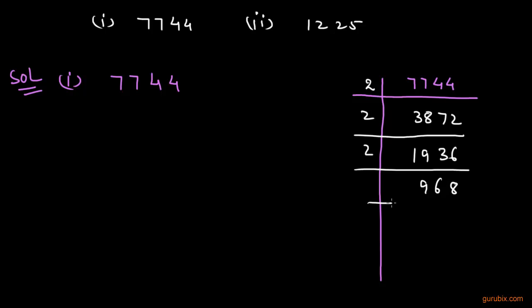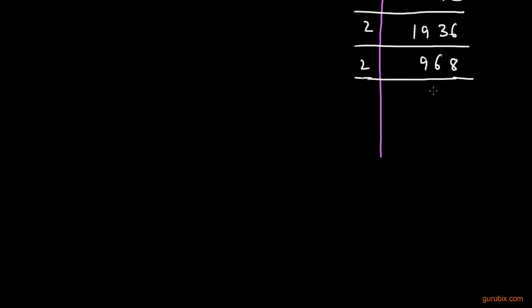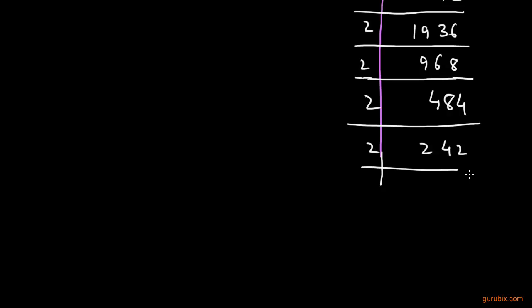968, and this number 968 can also be divided by 2 to get 484, and this 484 can also be divided by 2 to get 242, and this 242 can also be divided by 2 to get 121, and this 121 can be divided by 11 to get 11.